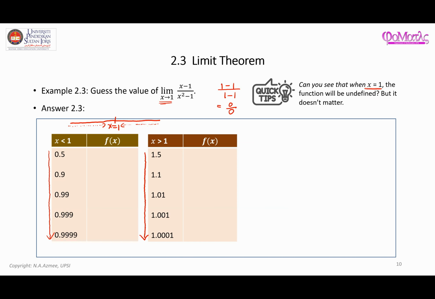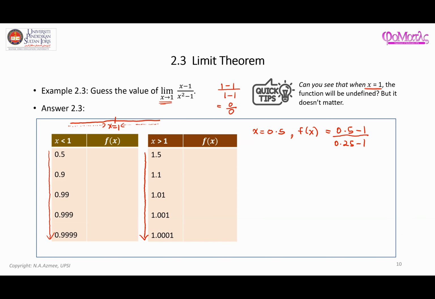Well, we can start off with saying x equals 0.5. So when x is equal to 0.5, then the function that we have here is going to be equal to 0.5 minus 1 over 0.25 minus 1.